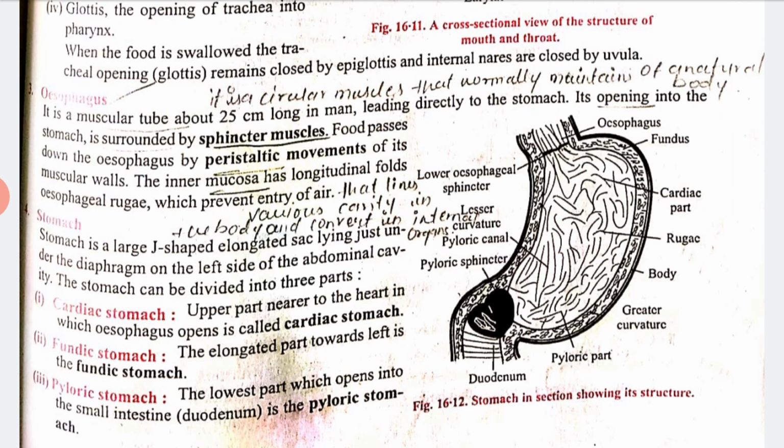As you all know, it is a muscular tube about 25 centimeters long in man, leading directly to the stomach. Its opening into the stomach is surrounded by a muscle known as the sphincter muscle. Food passes down the esophagus by the peristaltic movement of its muscular wall.